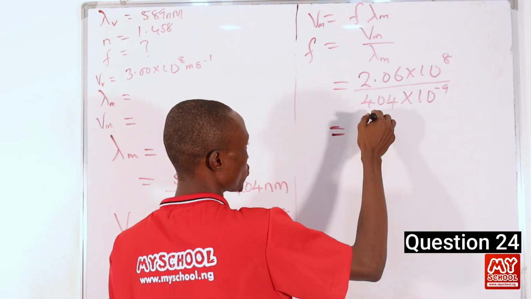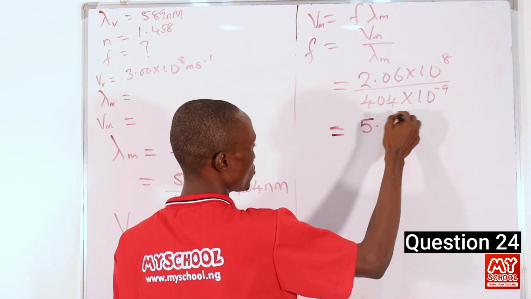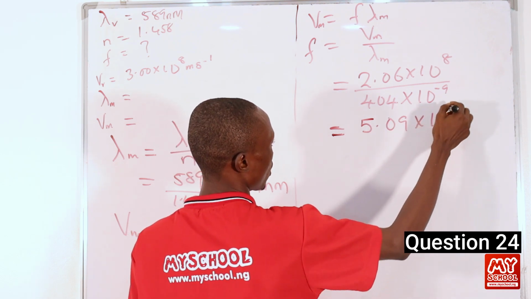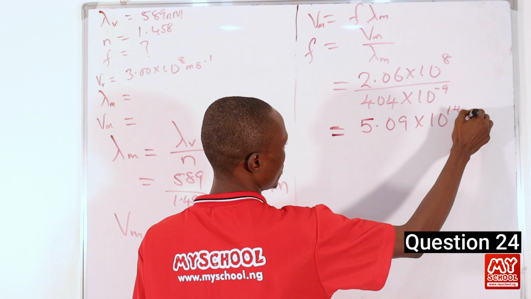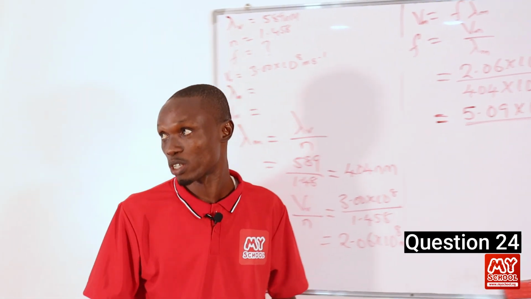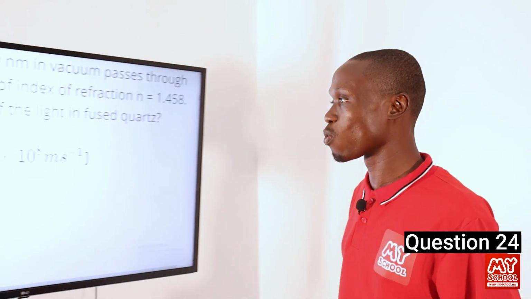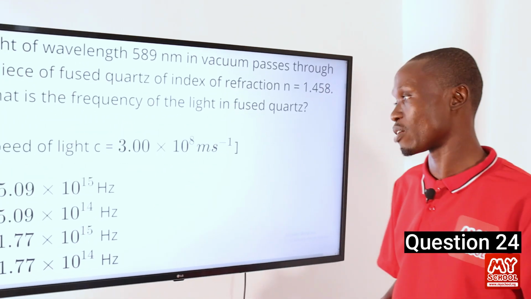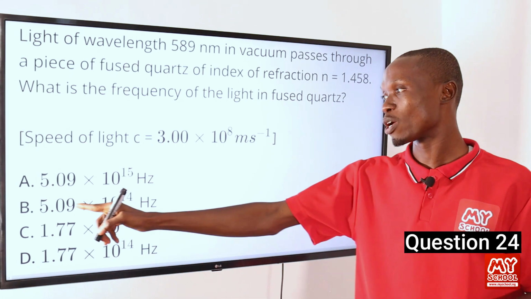If we divide this, we have 5.09 times 10 raised to power 14 hertz. So let's move over to the screen to pick the correct option. From our calculation, we got 5.09 times 10 raised to power 14 hertz. That makes option B the correct option.